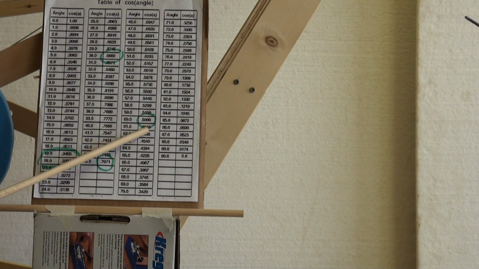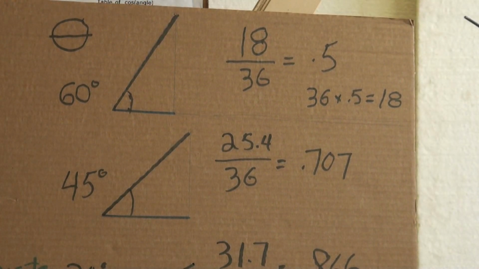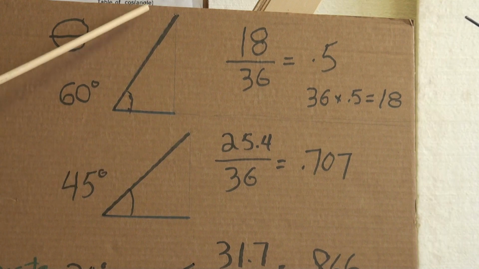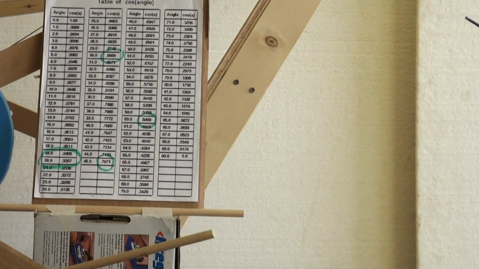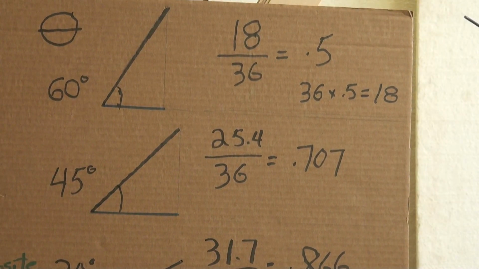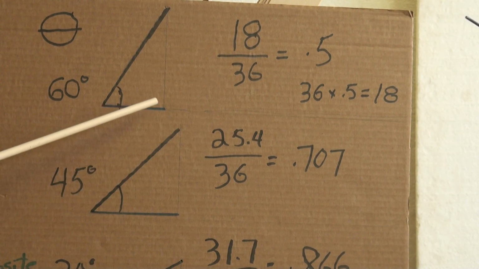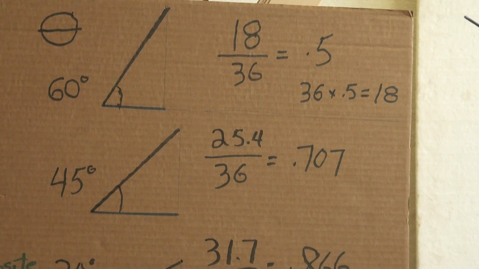At 60 degrees, the cosine is 0.5. Go down to 30 degrees, the cosine is 0.866. You can see that here. The hypotenuse stays the same, it's always 36 inches. But the distance gets larger, from 18 inches to 34 inches.